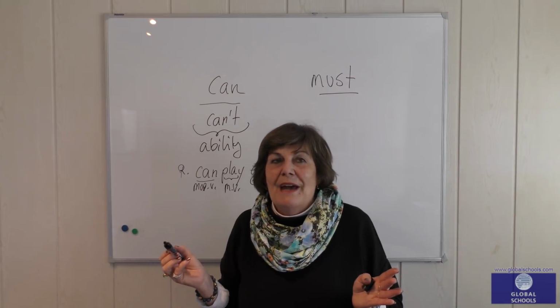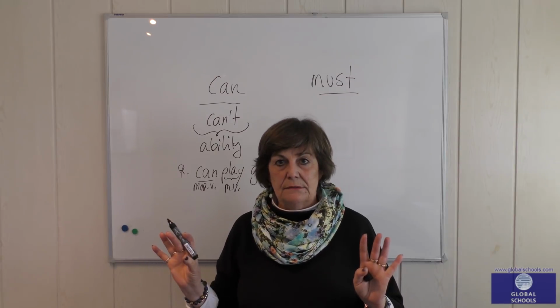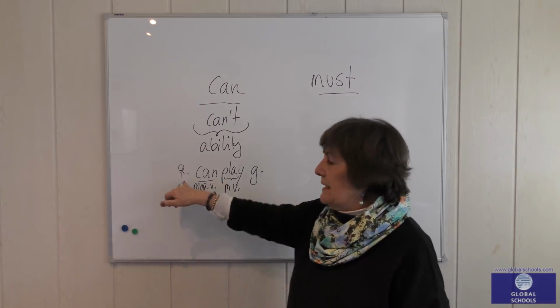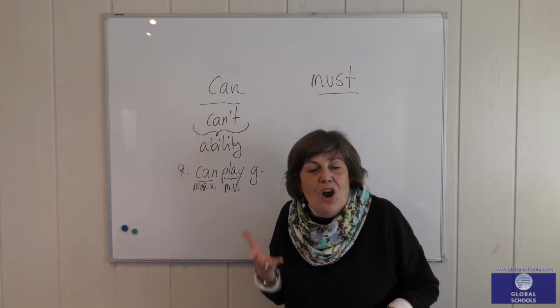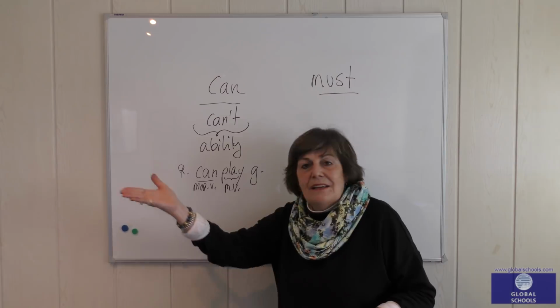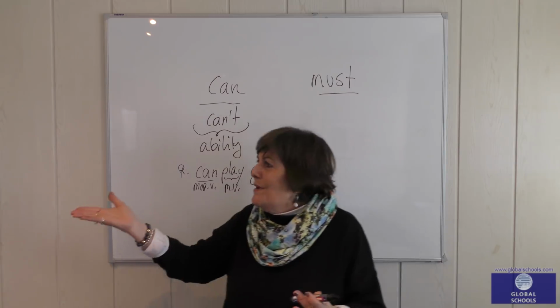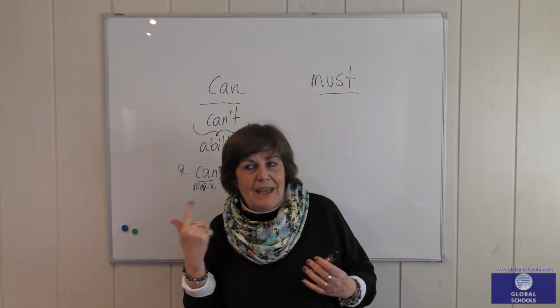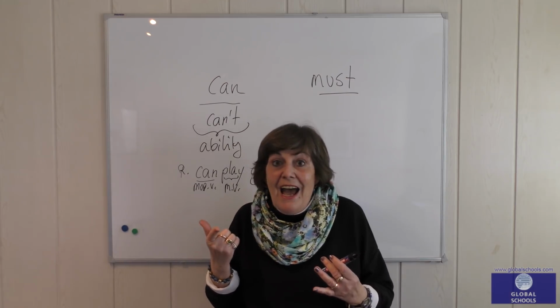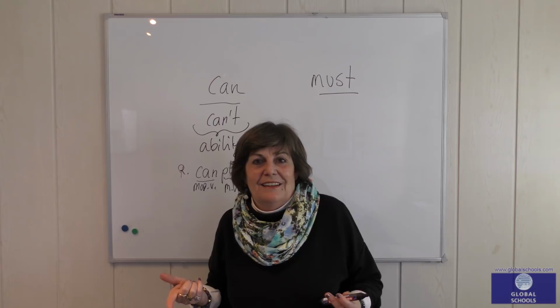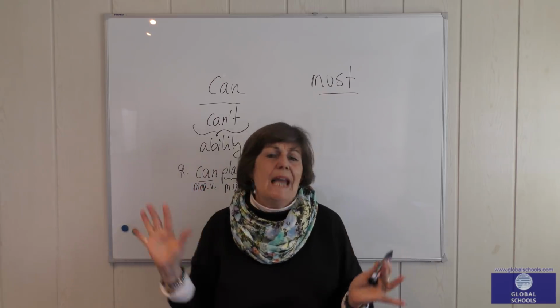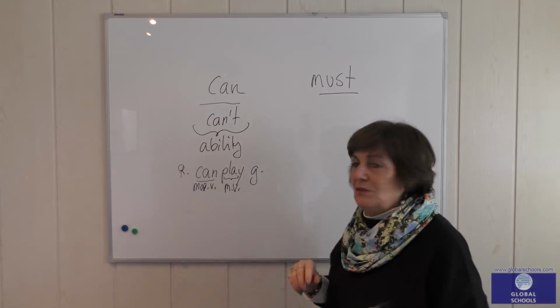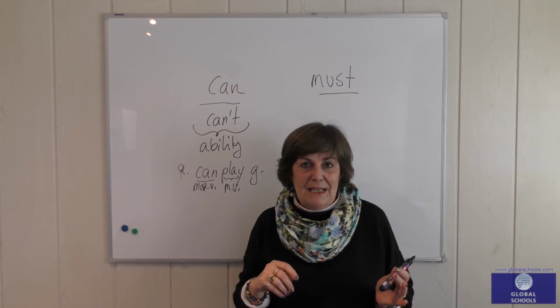And the wonderful thing about it is no S. You see, Rafa is a he. Rafa can play guitar. Rafa can play piano. Remember, I'm a plural. I can quilt. No S. Lovely. And it shows what you can do.